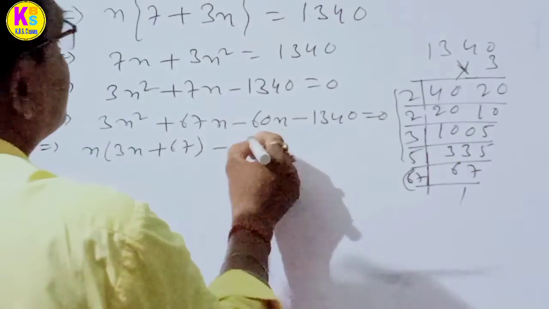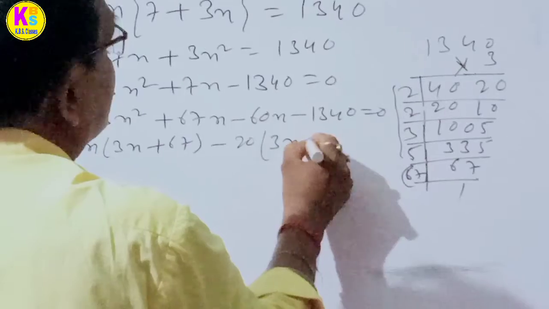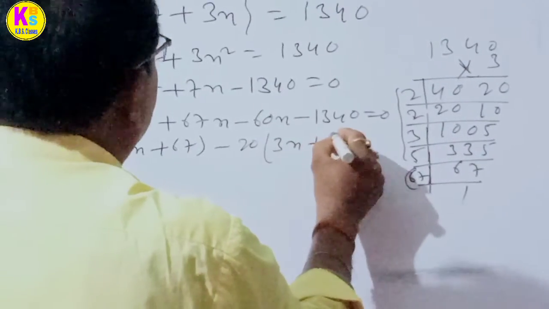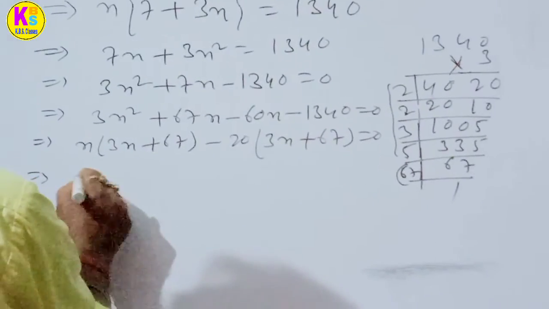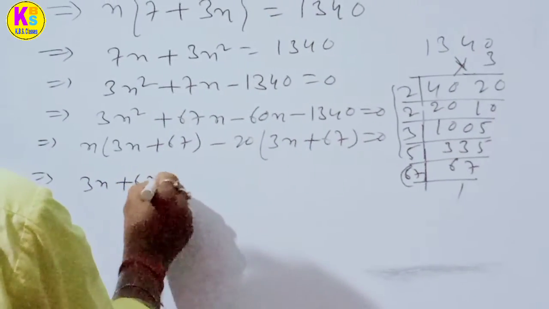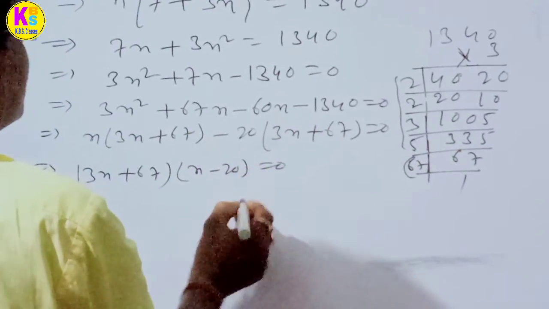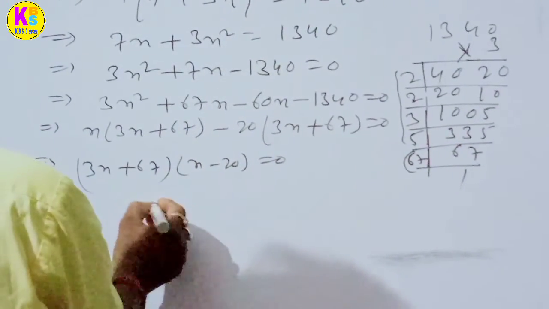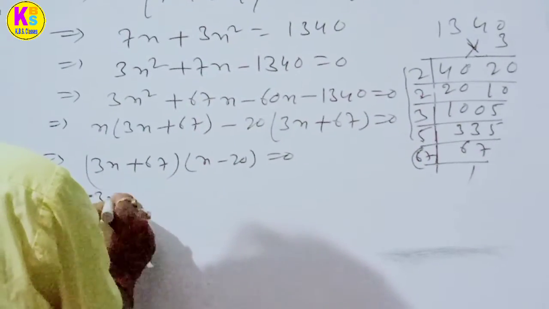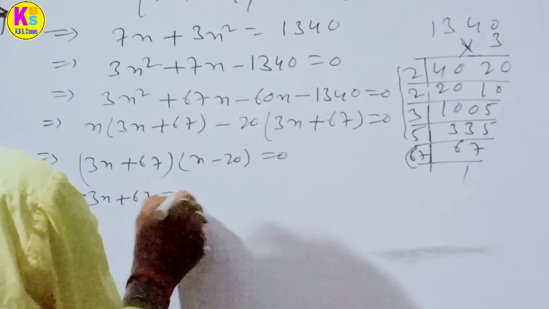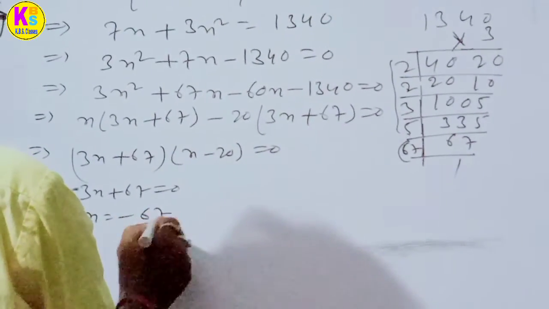Here the common is 20. 3n plus 67 into n minus 20 is equal to 0. 3n plus 67 is equal to 0, or n is equal to minus 67 by 3.